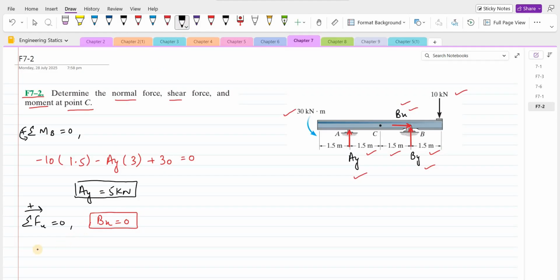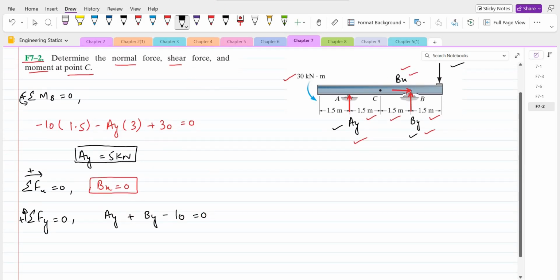Now for the support reaction By, we can do summation of forces in y direction equals to 0. I am considering up direction as positive. So we have Ay plus By minus 10 kilonewtons equals to 0.